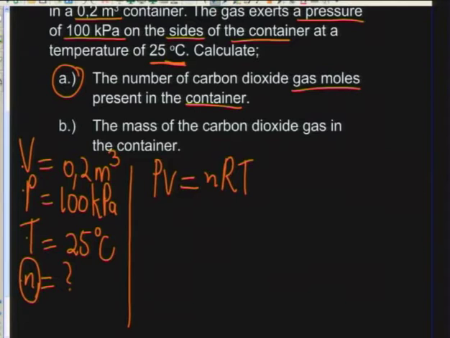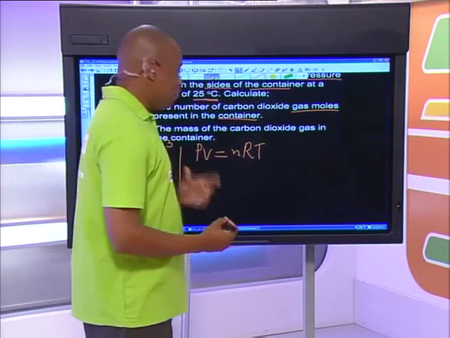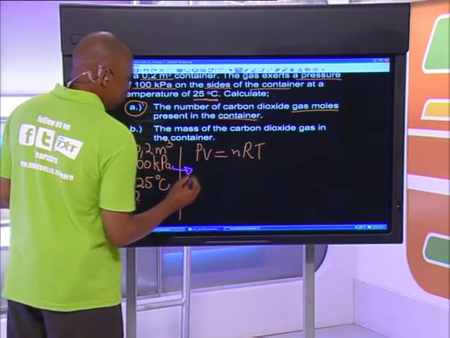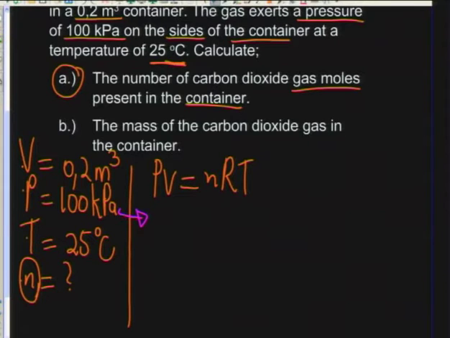But the challenge is that some of the units here are not given to us in the required SI units. With pressure, you need to make sure that you have it in pascals. And what is 100 kilopascals in pascals? You need to multiply this 100 by 1,000 to go into pascals. So 10 to the power 5 pascals.